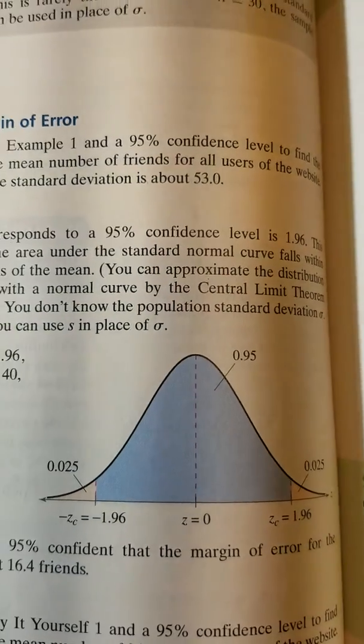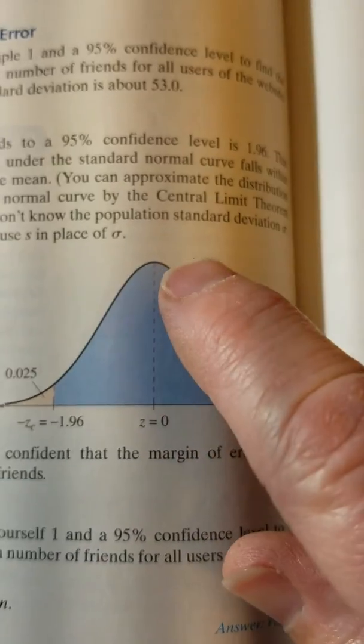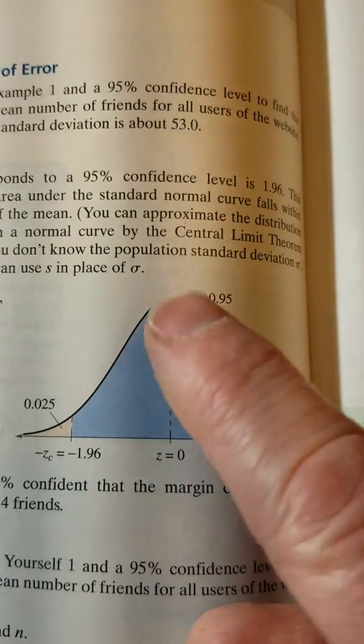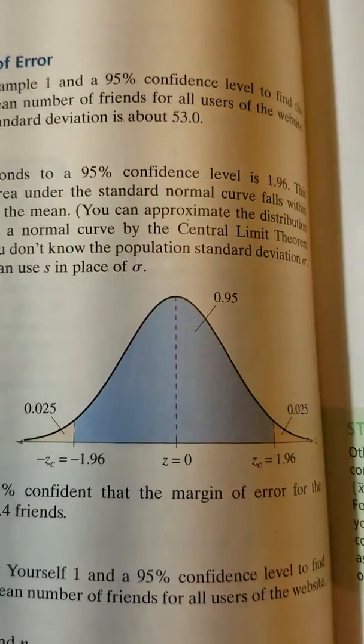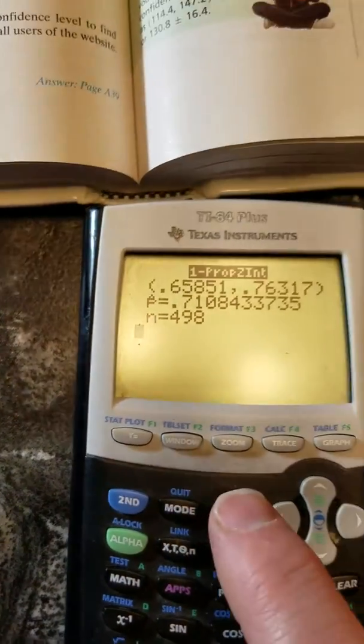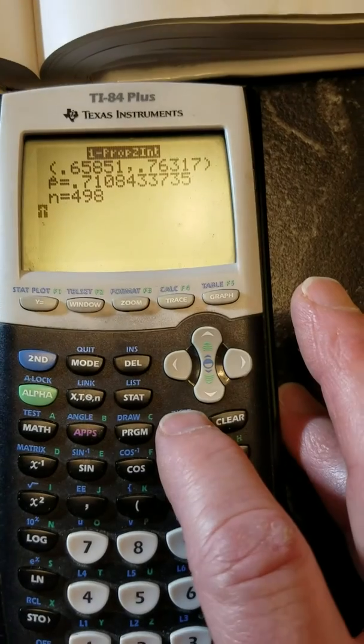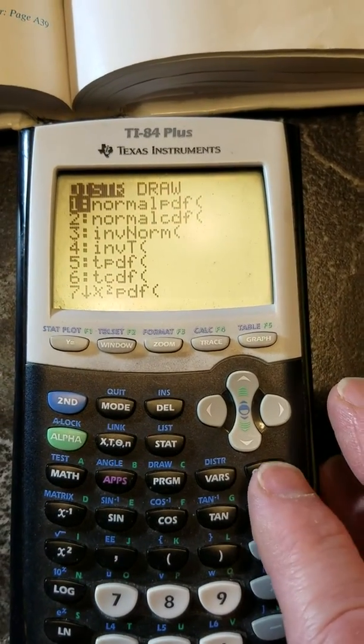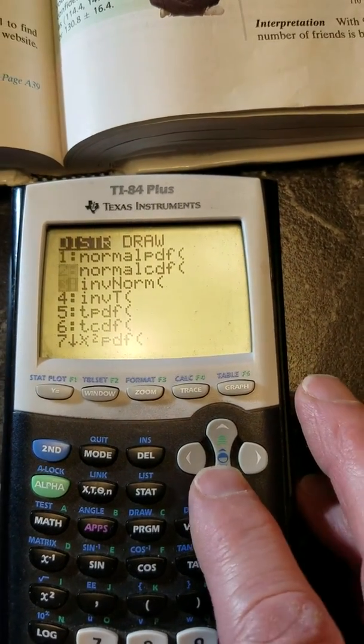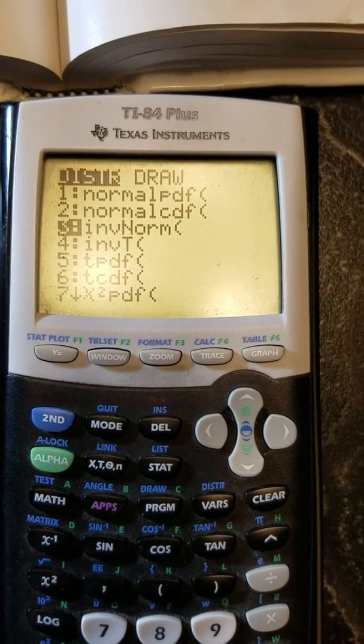But what do you need to do? Well, here's the deal. This is a 95% confidence level, right? So how do we do that? This is section 1, so we would go to distribution right here, and we would do inverse norm, because inverse norm is z.